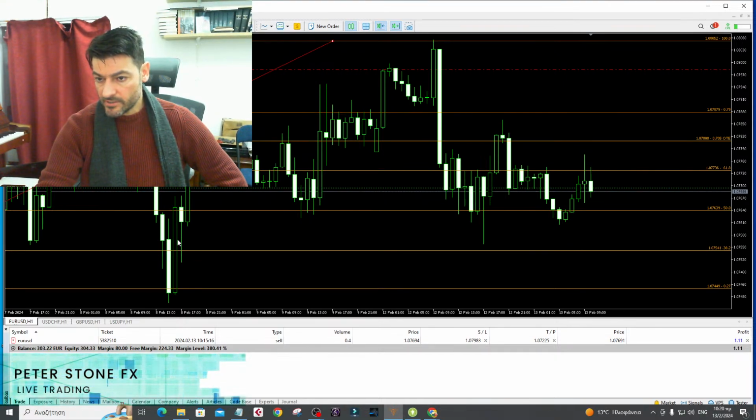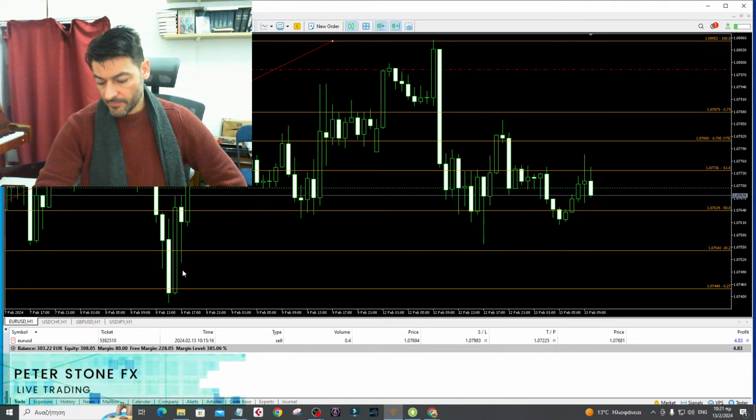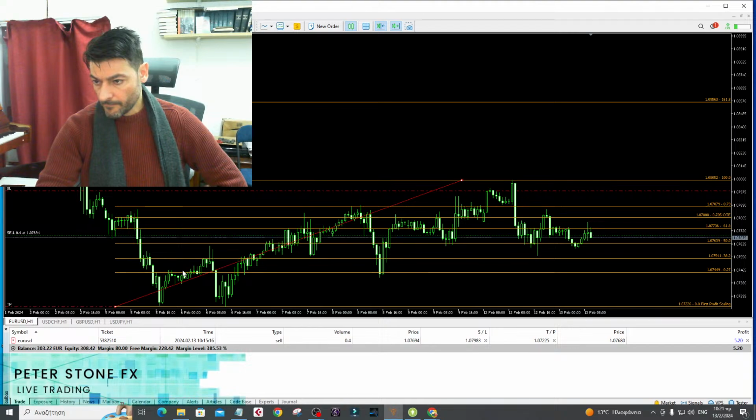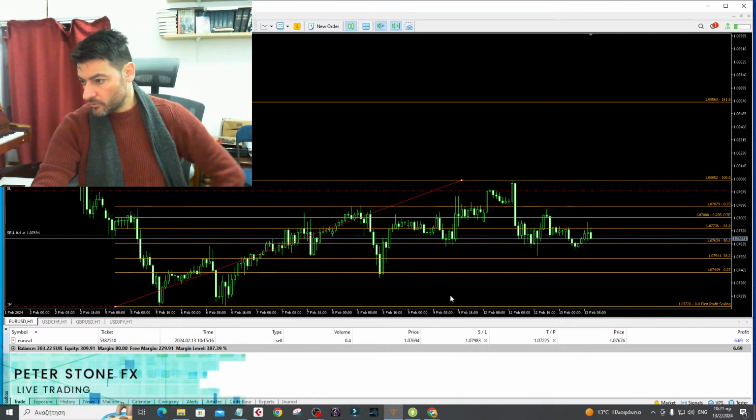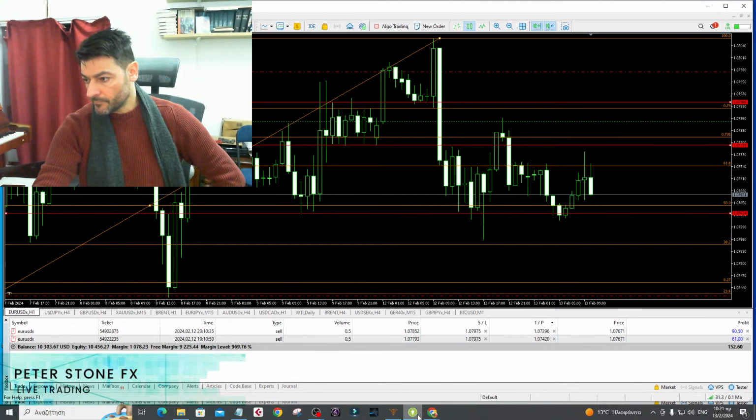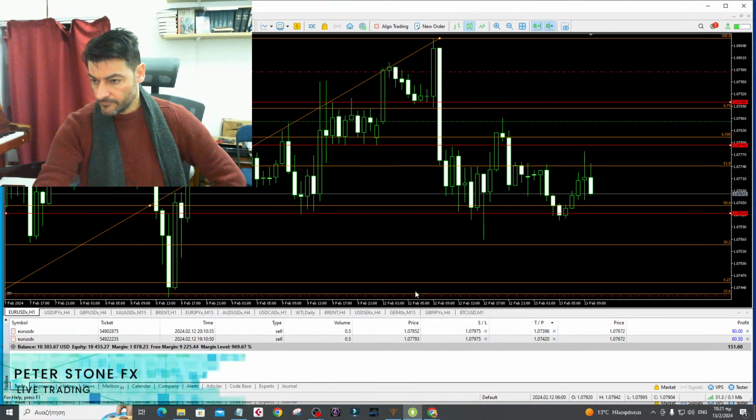For sure this bullish order block is a place of support, but I don't believe that it's that strong of a support. Yes, we could reach the take profit today.